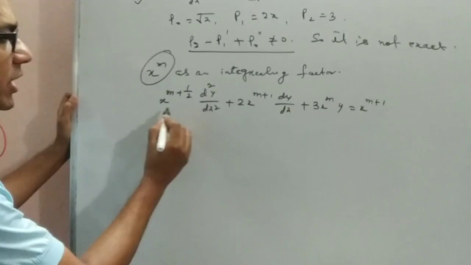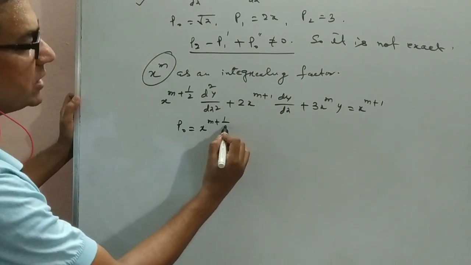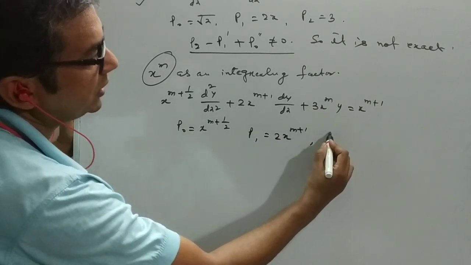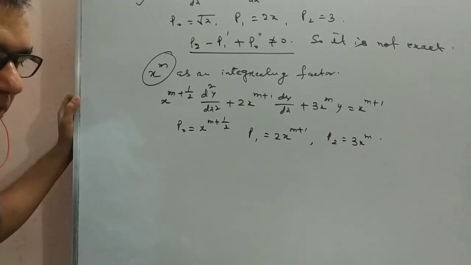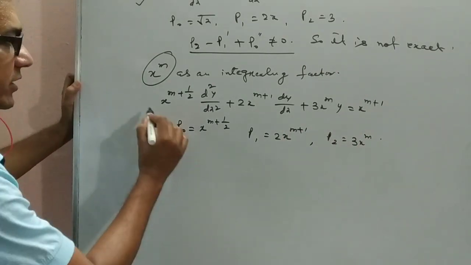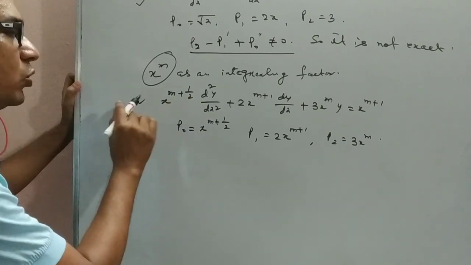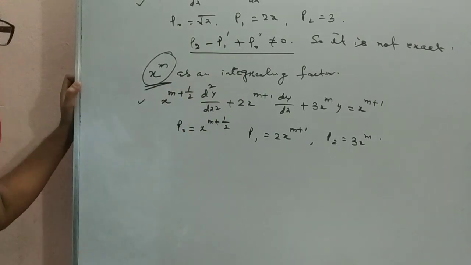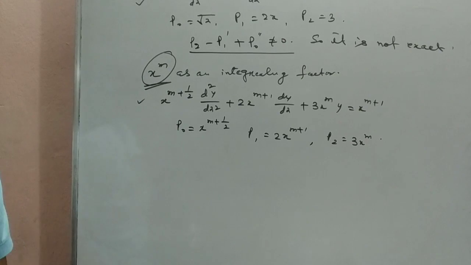And if we compare now, then p0 equal to x to the power m plus half, p1 equal to 2 into x to the power m plus 1, and p2 equal to 3 into x to the power m. Now we take this as an exact differential equation, because we multiplied both sides by an integrating factor, and from the definition of integrating factor this must be an exact differential equation.